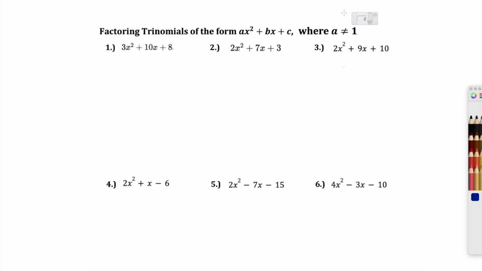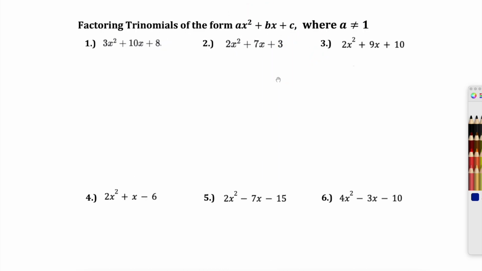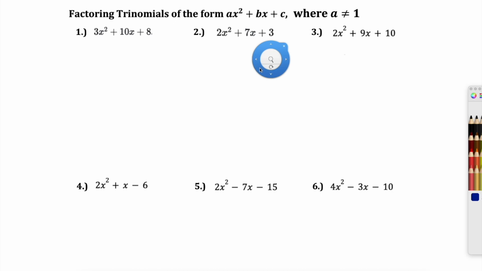Let's have a look at this very last section here. We are factoring trinomials in the form ax squared plus bx plus c when our leading coefficient, a, is not 1. So we have a couple more things to consider here. Let's take a look at 2, and then we'll do 6.